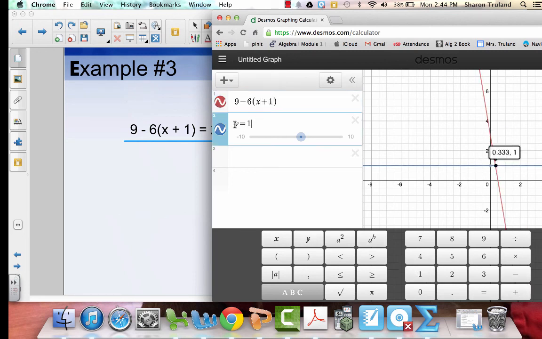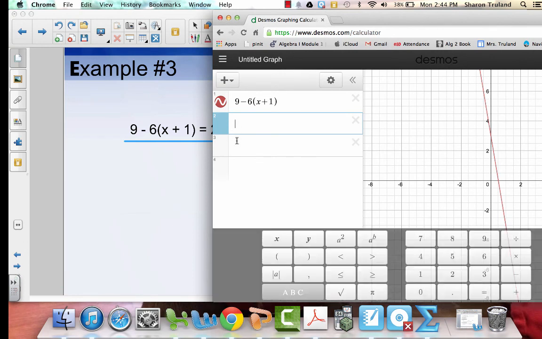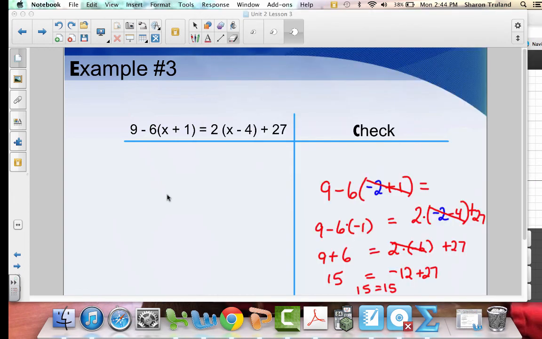And now for my second line, I have 2x minus 4 plus 27. So let's see. 2 quantity x minus 4 plus 27. All right, so where should they cross?